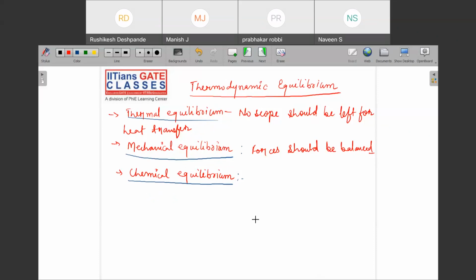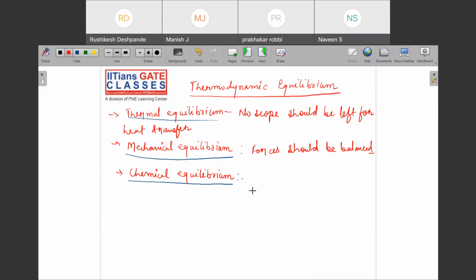That means chemical equilibrium should be simultaneously maintained in order to achieve thermodynamic equilibrium. Because if your chemical equilibrium is not maintained, then there can be chemical reactions occurring in that particular system, and as a result of these chemical reactions there can be some force, there can be temperature change, there can be a very high volumetric change, very high volumetric compression, any change, then your system boundaries and other things will start moving, and it will not be maintained in equilibrium.